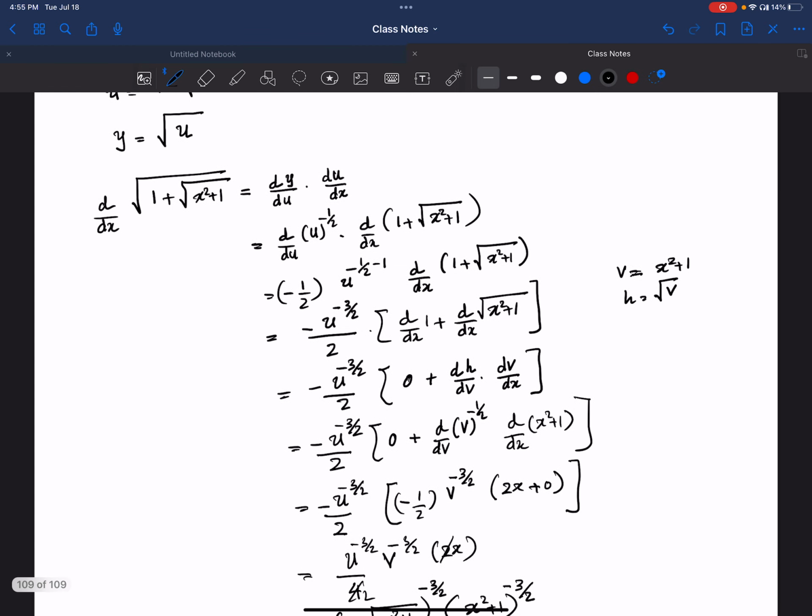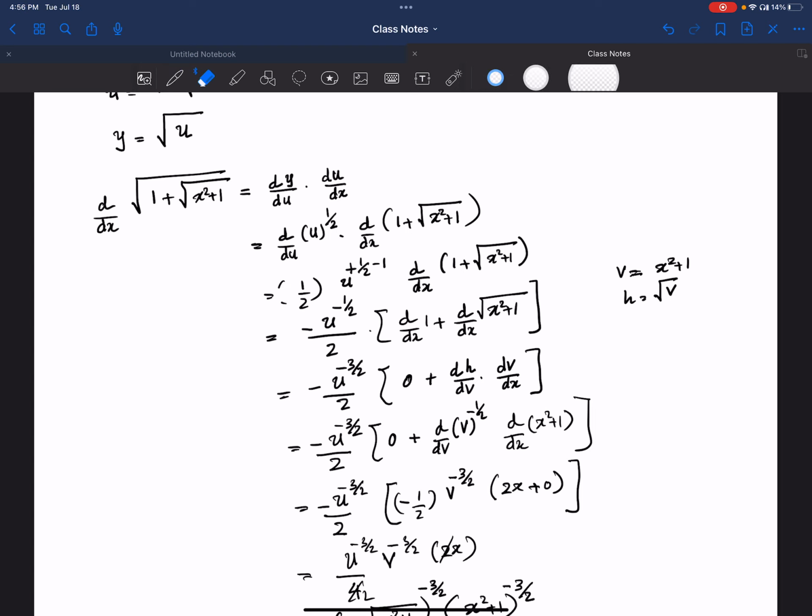oh, so I made a mistake here. This should be negative half. So I'm going to correct that, negative half in here. So this is plus half and minus 1. So this is going to be negative half.